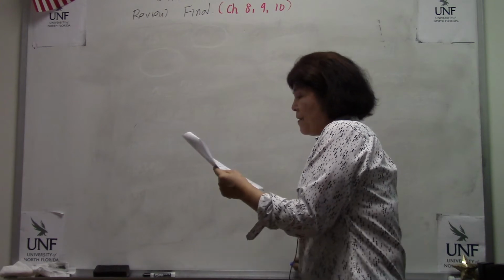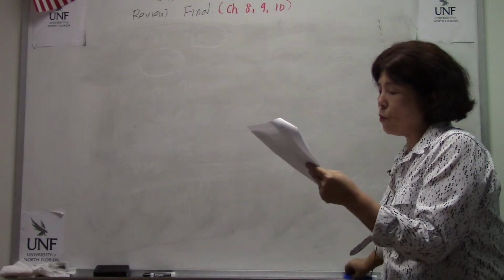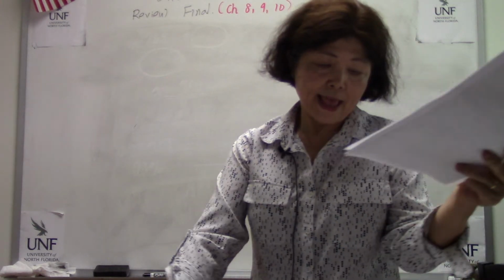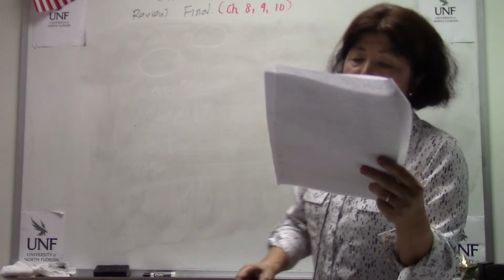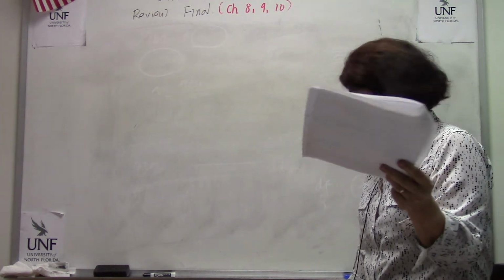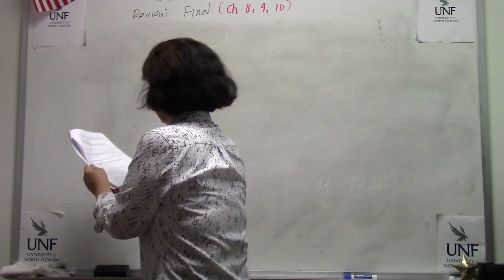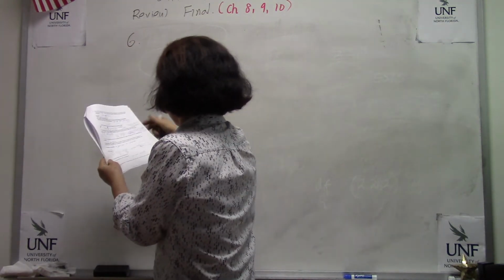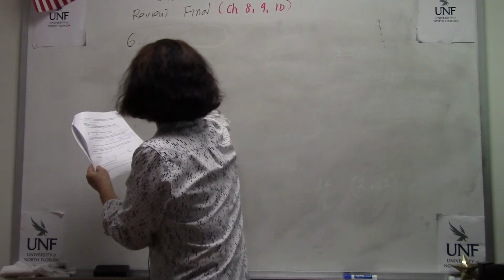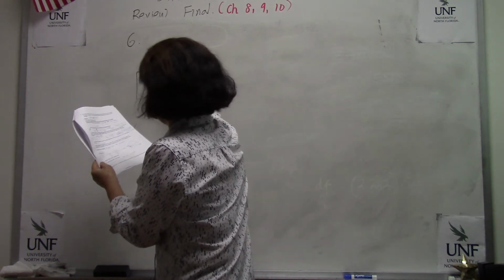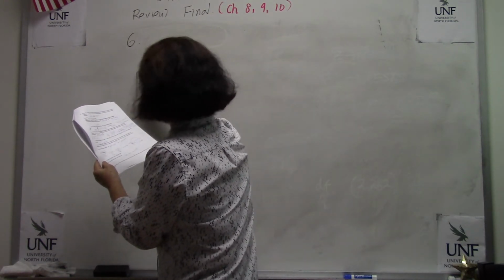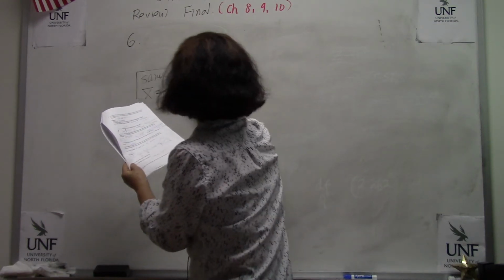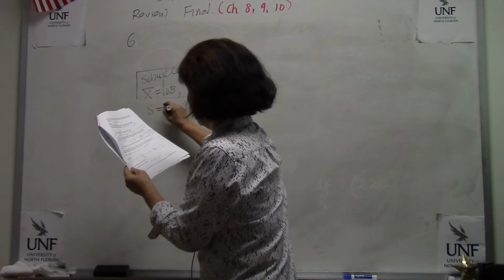Given that a population of scores is normally distributed with a mean of 105 and standard deviation of 9, determine the following. Okay, so you have a sample, the mean is 105 and the standard deviation s is 9.